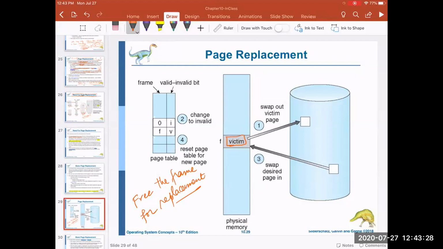We run an algorithm to identify the victim, and once we reach that victim, we swap that victim out and then swap in the desired page at the location. Is this clear? Is the basic page replacement clear, or should I repeat?